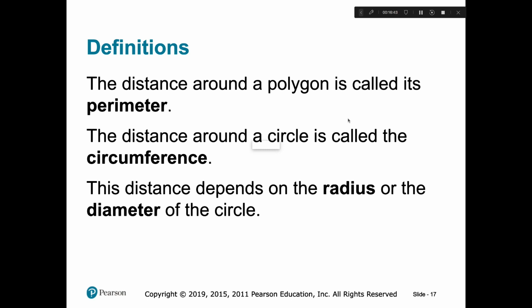The circumference of the circle is the distance around it, and that depends upon the radius or the diameter of the circle, which are the middle lengths. The radius is from the center point to the edge. Diameter is all the way across the middle of the circle. Okay?